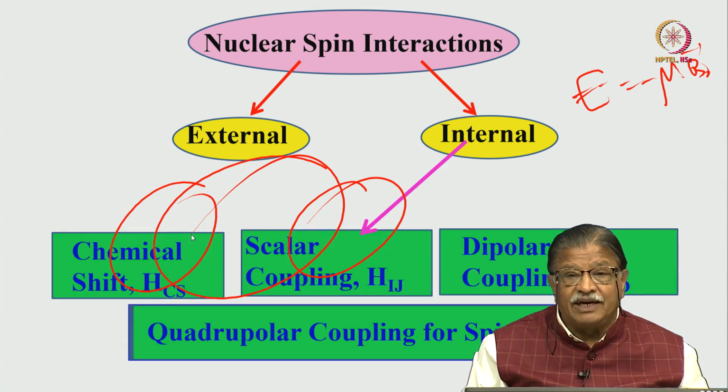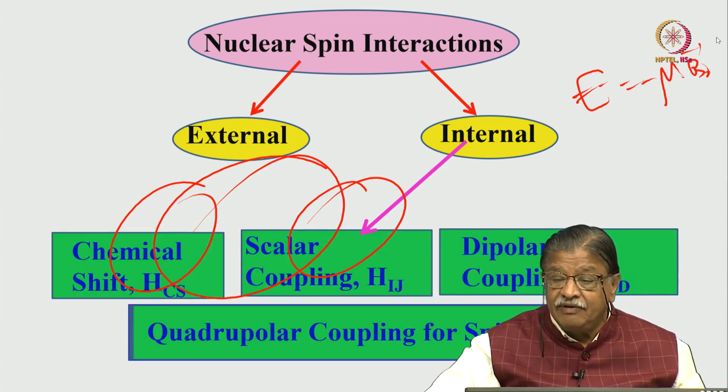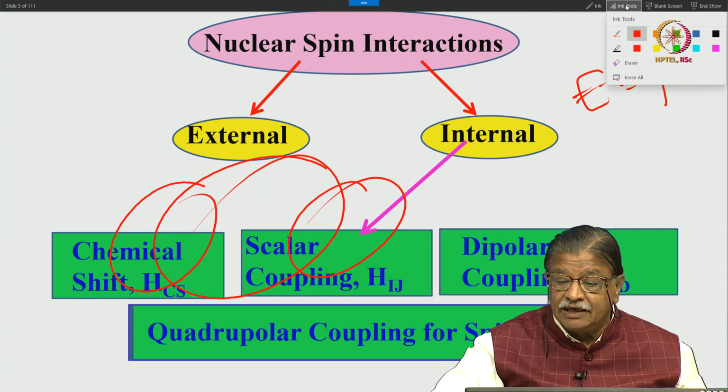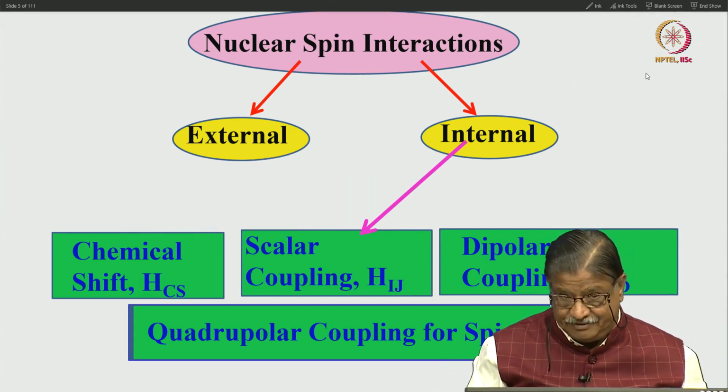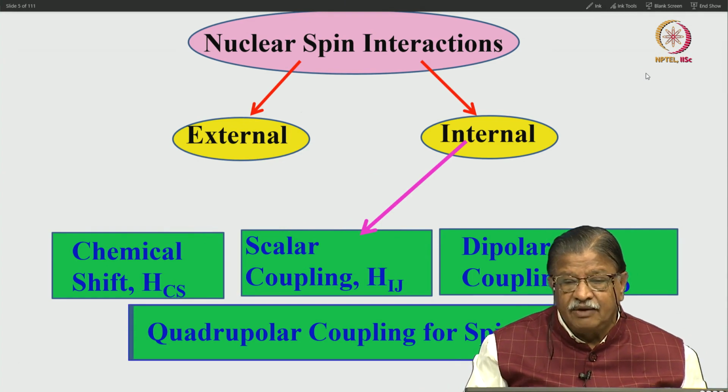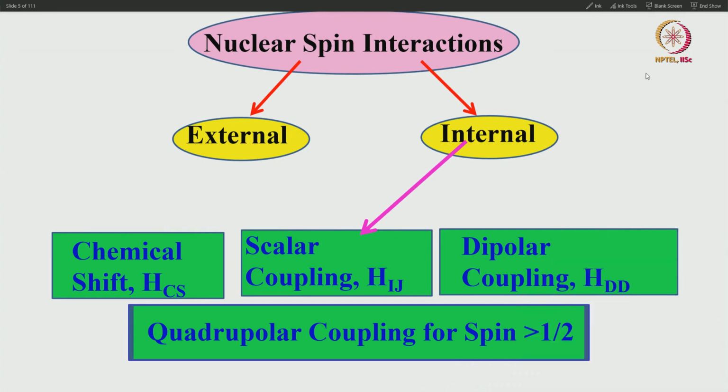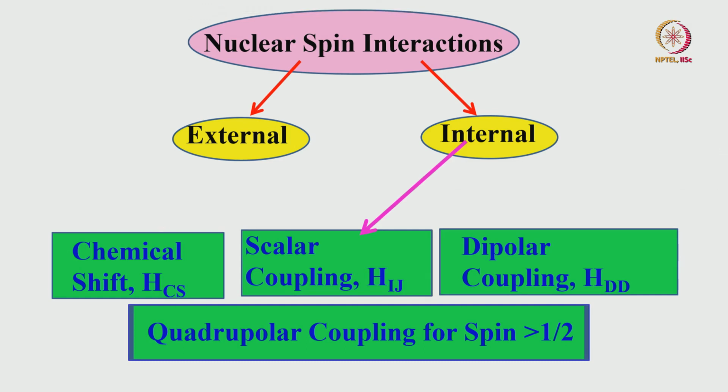Now, what is important is the internal interactions. Internal means within the molecule. We have four different categories: one is chemical shift, the other is scalar coupling, the third is dipolar coupling, and the fourth is quadrupolar coupling.